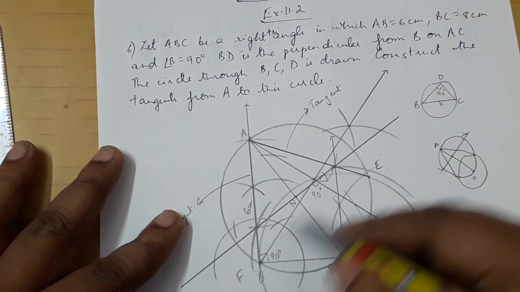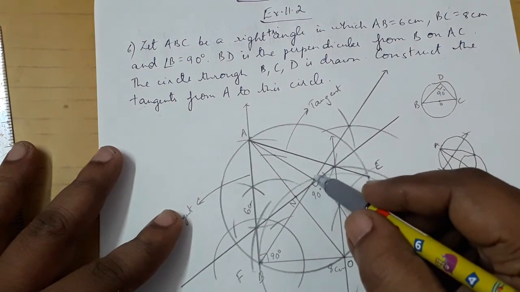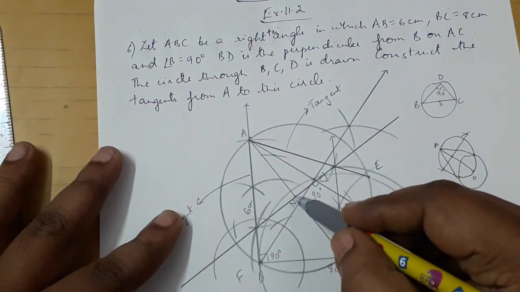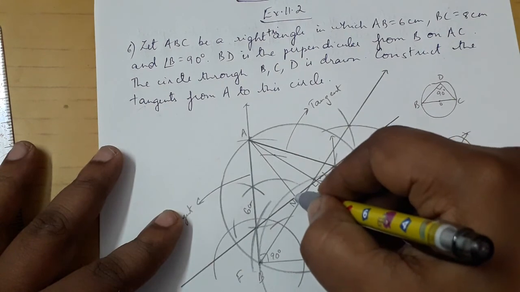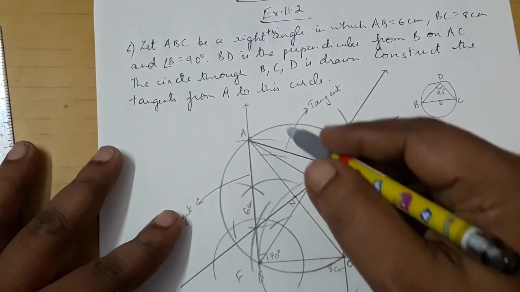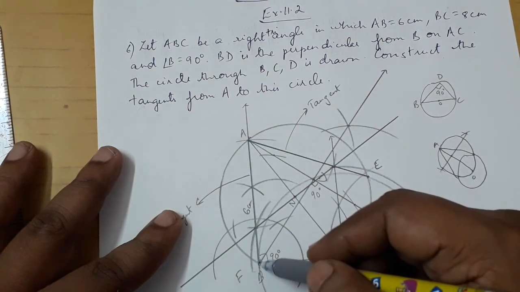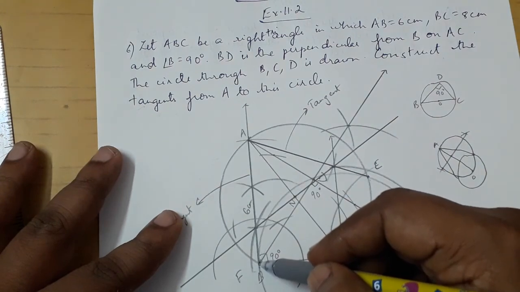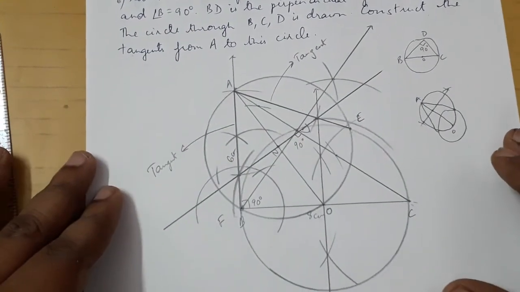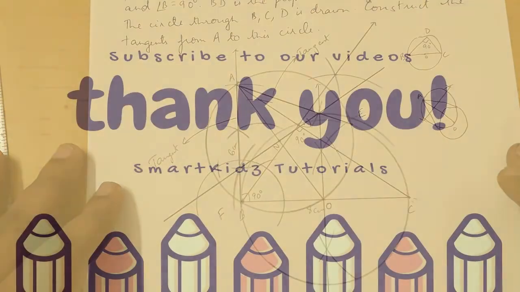And once we got that center, Z that we marked here, we took this length and we constructed another circle, and where the circles met, from A we drew tangents to those 2 points, and that's how we get our tangents. So a little bit confusing, but if you go step by step, it shouldn't be a problem.